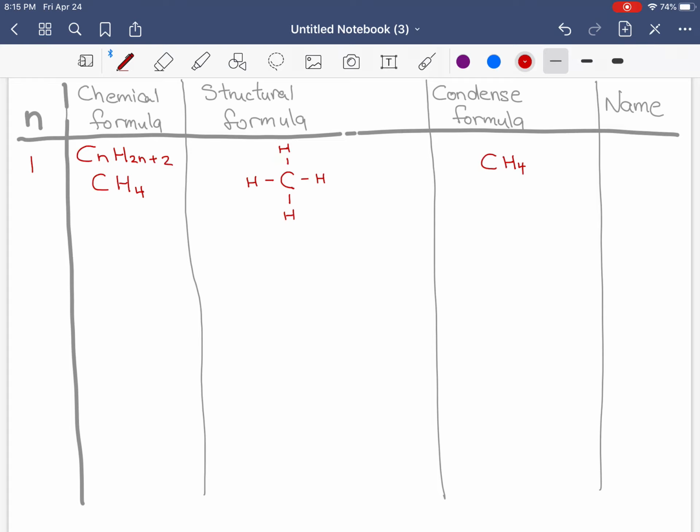Now, how do you name CH4? We know it's called methane. I pretty much said it many times during the course. CH4 is methane. Now, why methane? Well, if you remember those prefixes I asked you to memorize 10 minutes ago, 1, which stands for 1 carbon, is called meth. Meth means 1, and that 1 means the number of carbon.